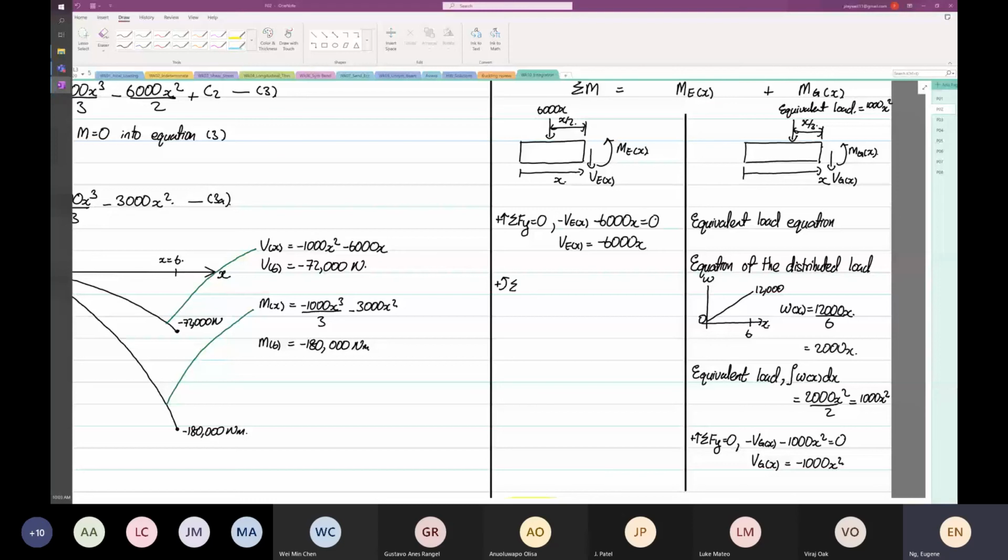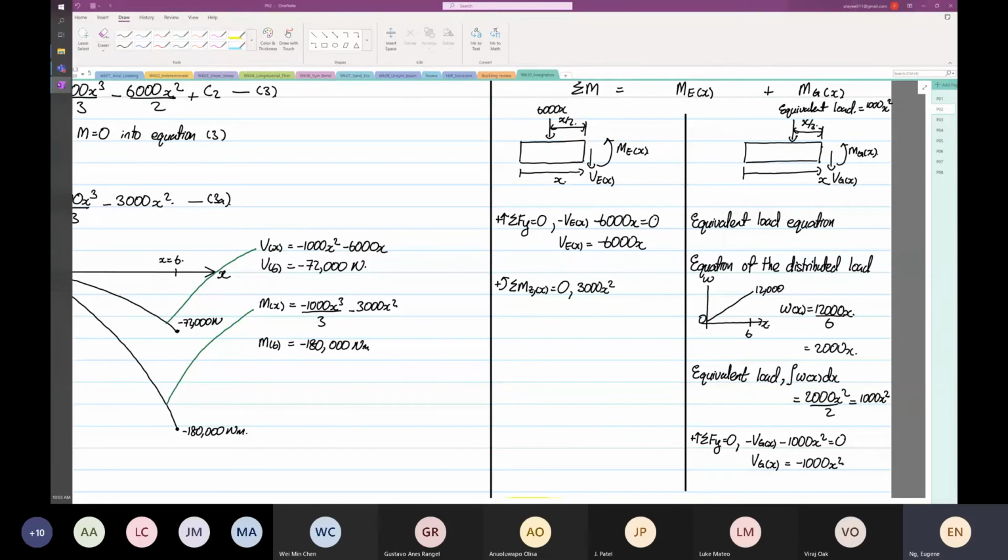Summation about moment at any position in the z-axis. Any position x is equal to 0. So we will have clockwise, anti-clockwise, so 3000 x squared, right?